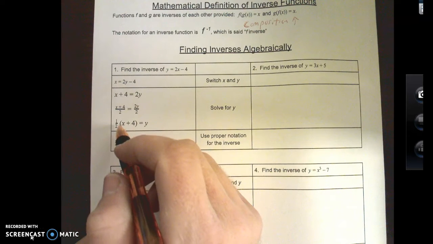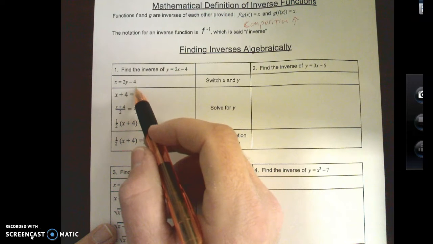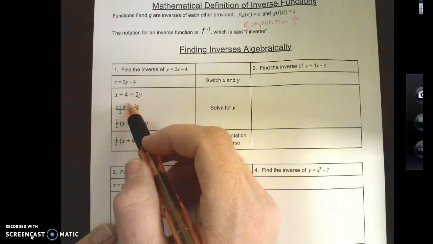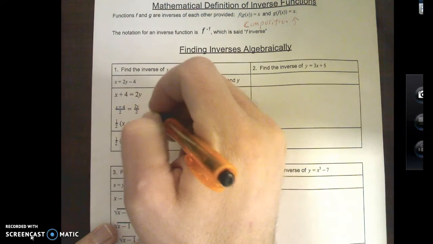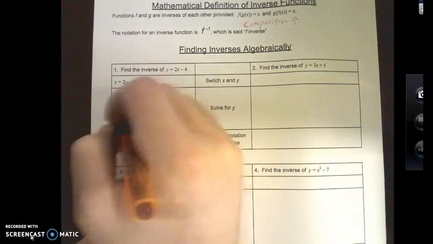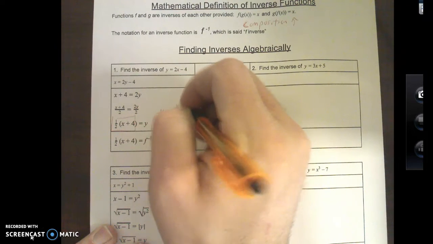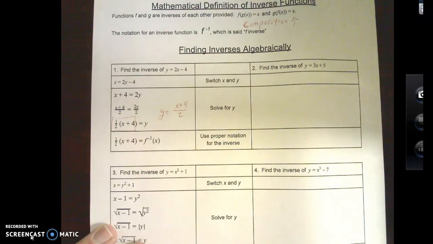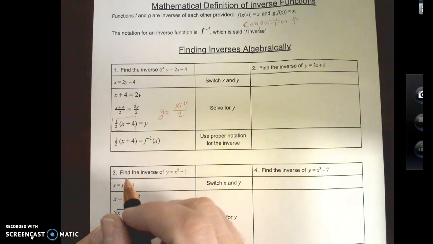So x equals 2y minus 4, and then you solve for y. We added 4 over, so divide everything by 2, bam. I would accept either this or x plus 4 over 2. Both are acceptable answers. And then what we do is we write out our inverse, f inverse of x, boom, done.